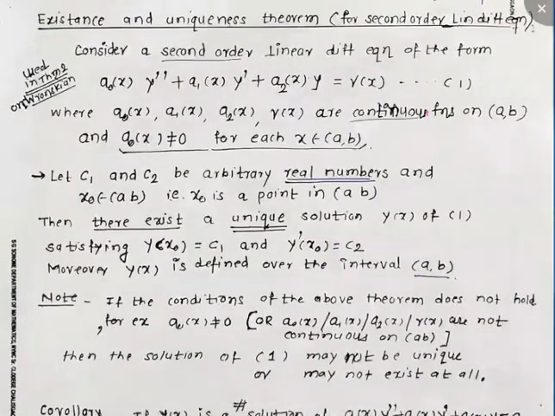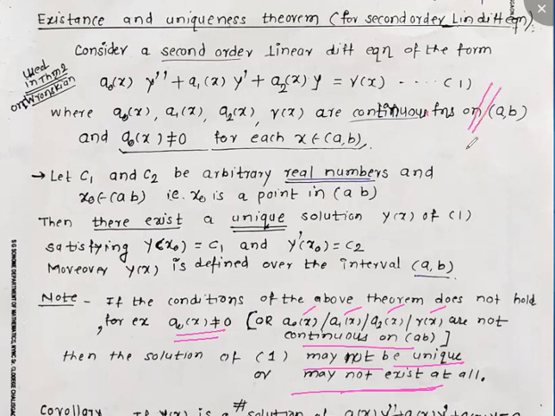Now, if the conditions of the above theorem do not hold, that means a0(x) is not non-zero, or any one of the functions a0, a1, a2, r(x) is not a continuous function, then what about the solution? The solution may not exist, or it may not be unique, if the condition written here does not hold.